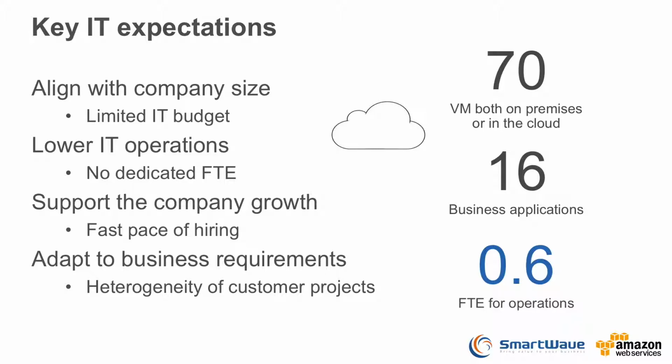So the key figure to remember here is 0.6 FTE for operations, meaning that we don't even have one person working full-time on our IT. It's divided between many consultants, and it represents 60% of full-time equivalent.